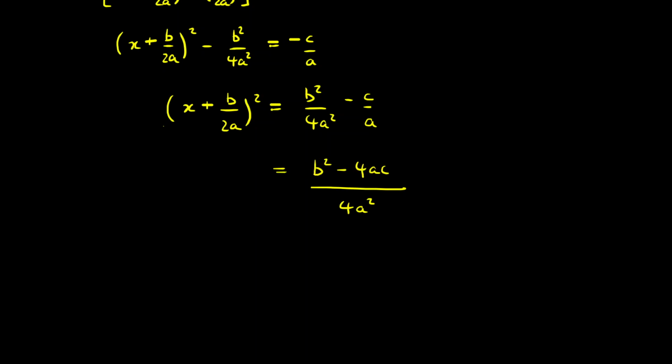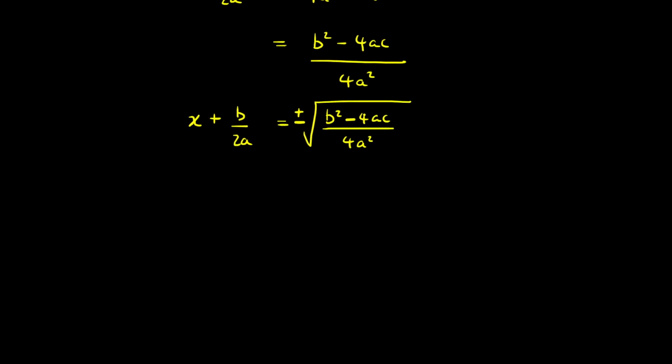Then now what I need to do is square root both sides so that I've just got x plus b upon 2a on the left hand side, and that will therefore equal the square root of b squared minus 4ac all over 4a squared. But of course, if I square root, I've got two potential answers, so I need to have the plus or the minus sign there.